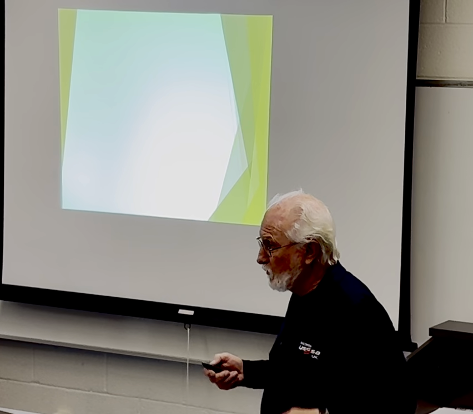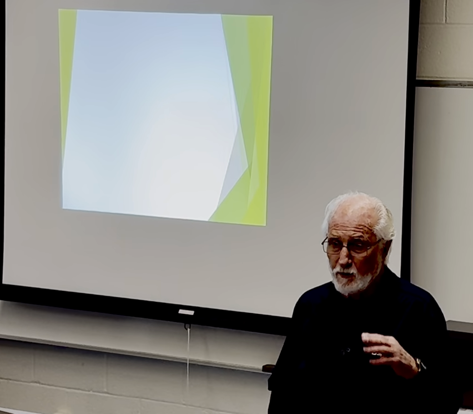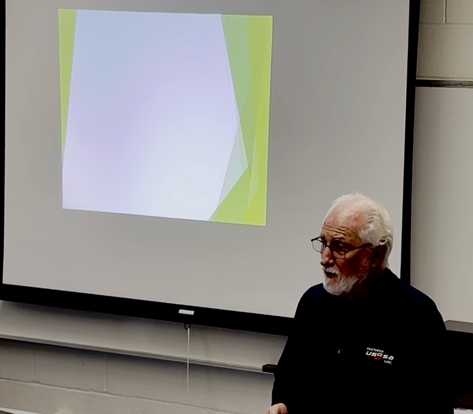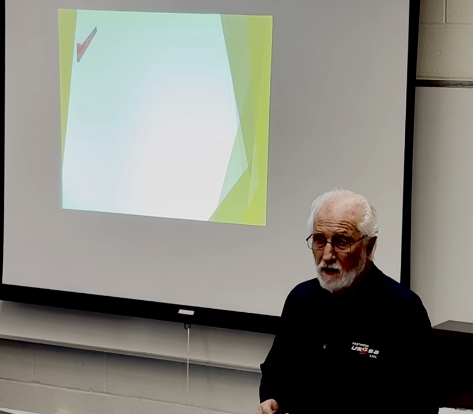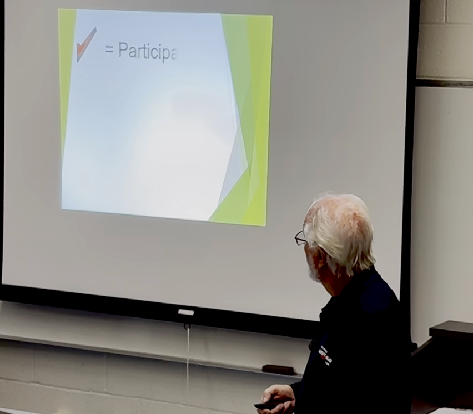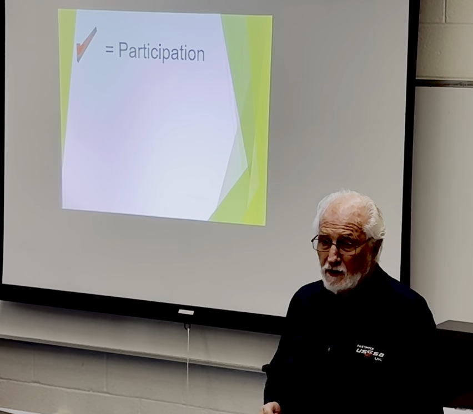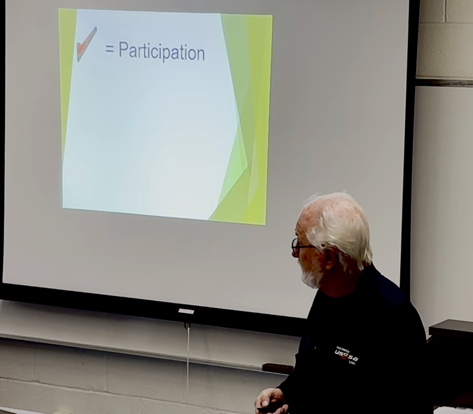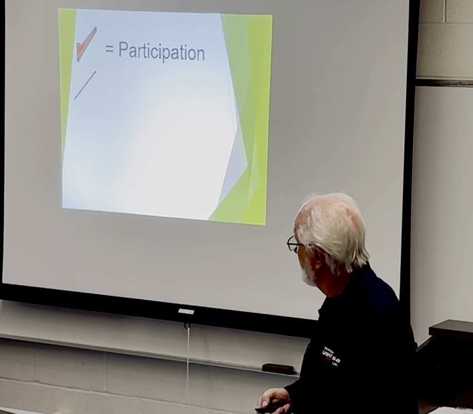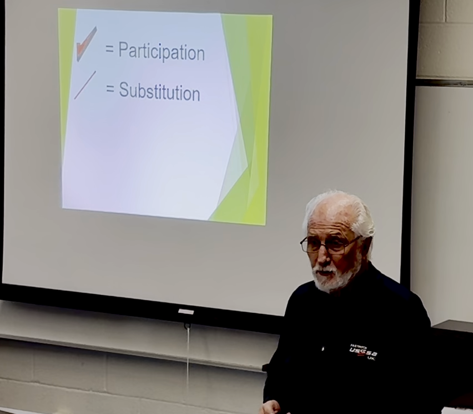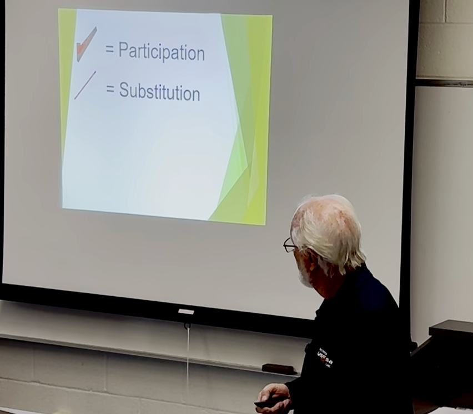All right, this is what I do. I try to simplify the symbols I use. For the most part, I resort to 4 symbols. I use a check mark to indicate that participation has occurred in the game. I use a slash or a fraction bar to indicate that a substitution has occurred.